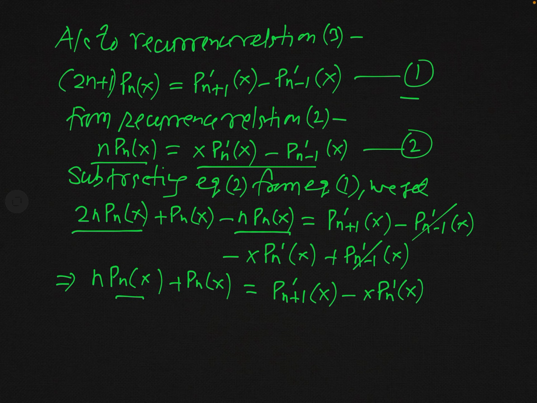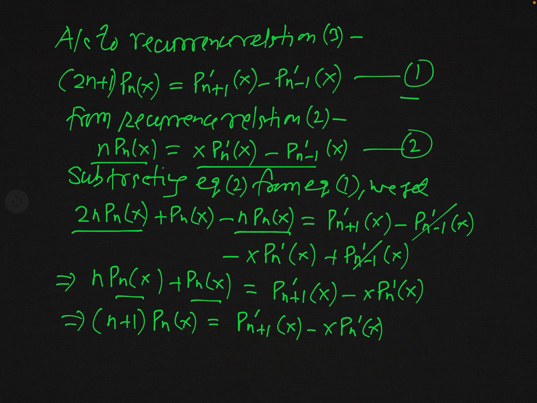Now you can take this Pn of x in LHS as a common factor. So this will be n plus 1 into Pn of x, and that is equal to Pn plus 1 prime of x minus x into Pn prime of x. Now say this is equation 3.